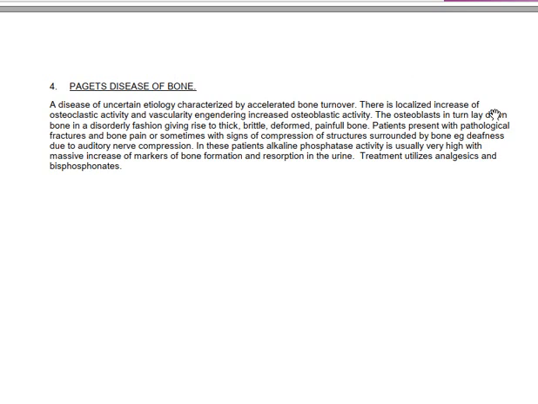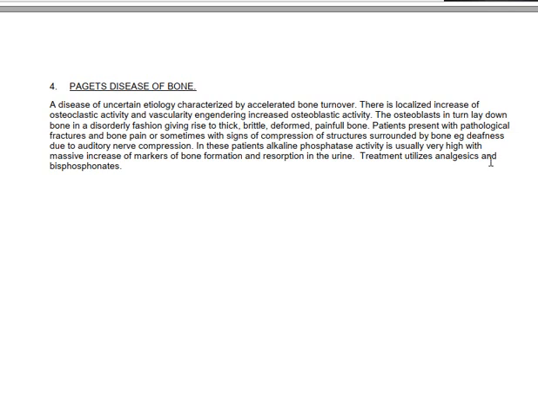There is going to be a localized increase in osteoclastic activity and vascularity, engendering increased osteoblastic activity. Is it clear? So you have both an increase in osteoclastic activity because of the bone breakdown, and also an increase in osteoblastic activity resulting in bone formation.